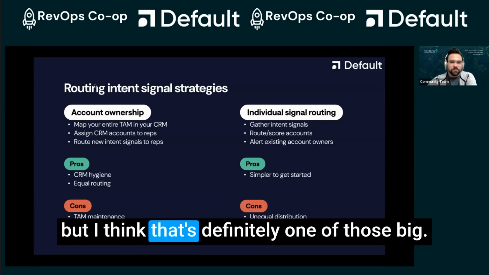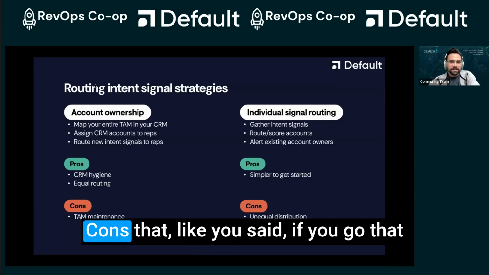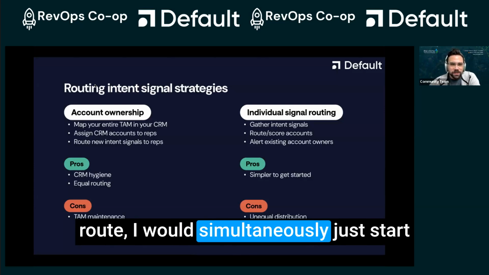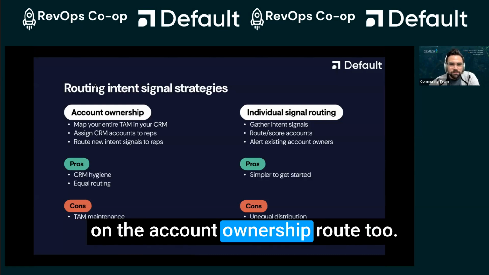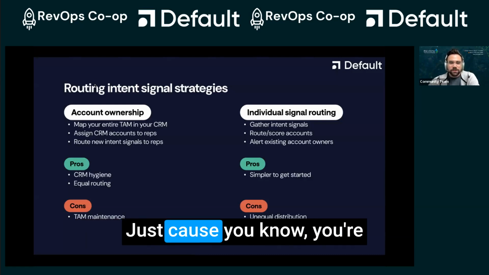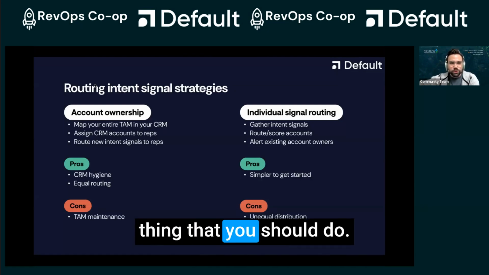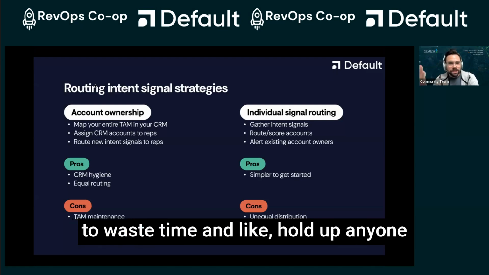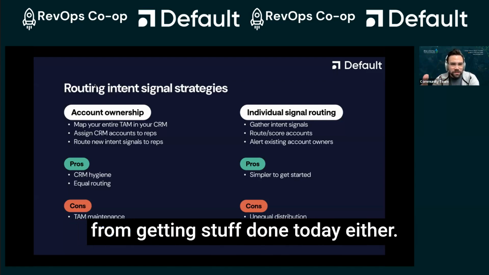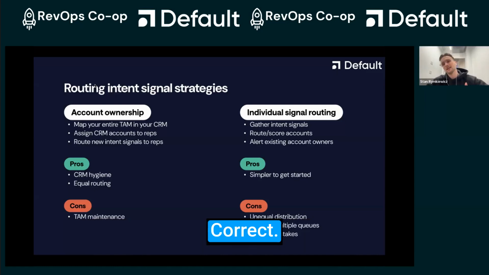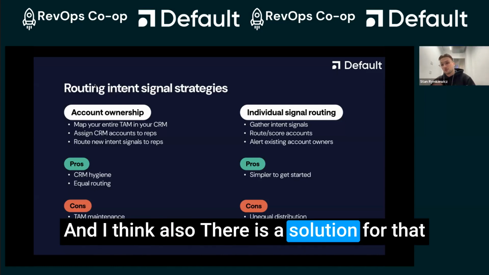But I think that's definitely one of those big cons. If you go that route, I would simultaneously start on the account ownership route too, because you're going to get there eventually. And that's going to be the thing that you should do. So it's like start now, but you don't want to waste time and hold up anyone from getting stuff done today either. Correct.